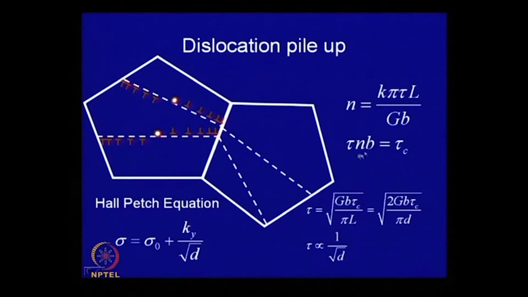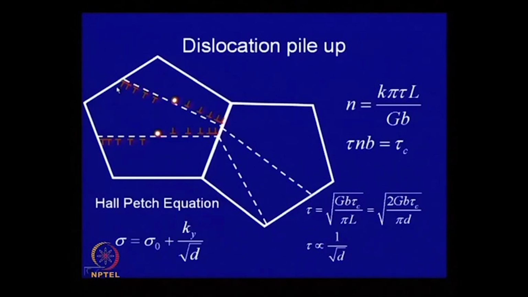Now, we can assign a strength to the grain boundary. This is the critical stress which has to be exceeded so that a dislocation is generated on the slip plane in the neighboring grain, and the process of deformation can continue. Now, the question comes up, how many dislocations can you pile up within a grain?